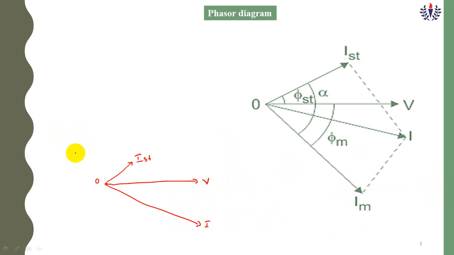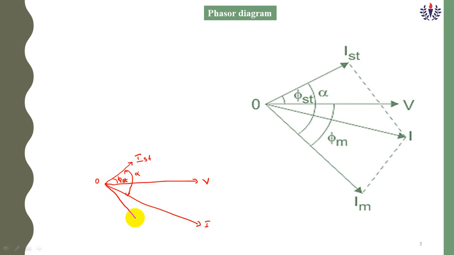So the angle from V to IST is phi ST. The angle between the current and IST is alpha, and the angle between IST and I is also alpha.